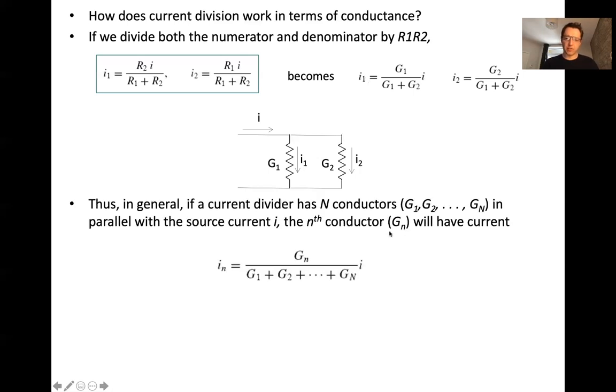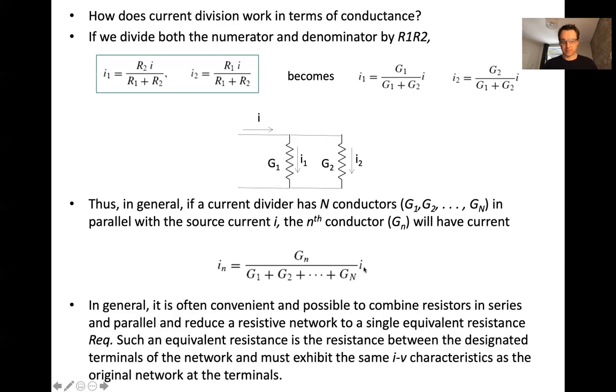In general, if you have n conductors or resistors in parallel, then the nth conductor will have a current of Gn over the sum of the G's multiplied by I. Again, hopefully you're seeing this duality between voltage division, current division, series, and parallel, resistance, conductance.